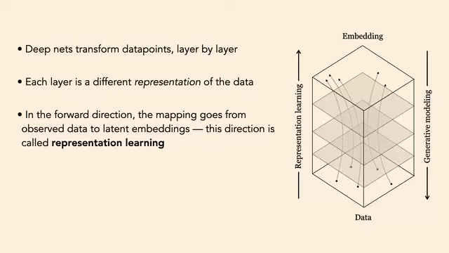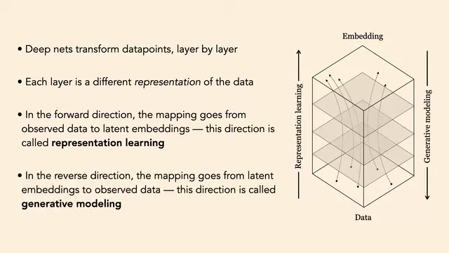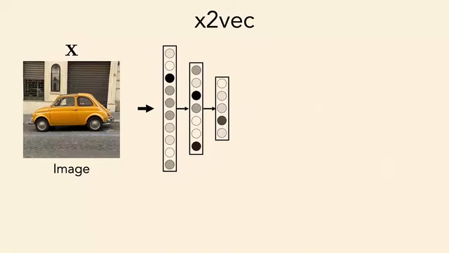It's going from abstract representations and latent variables to data. We'll talk about generative modeling in a few weeks. So these two things can roughly be thought of as inverses of each other, and we'll clarify that connection as we go. But today, we're just going to talk about the first direction, going forward through a network, and view that as learning representations.